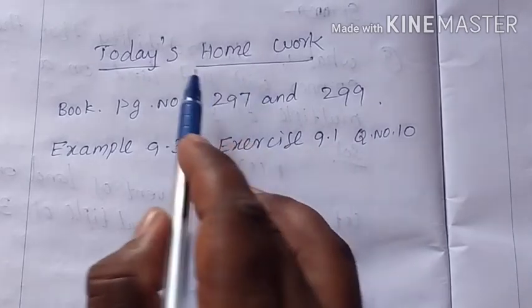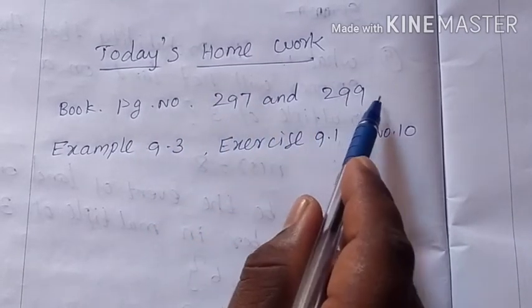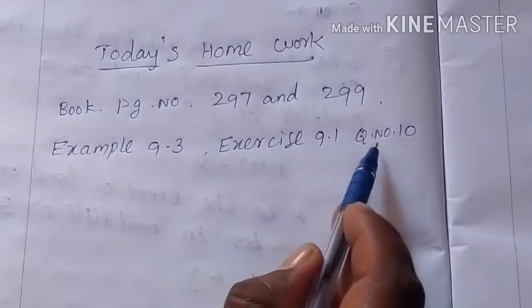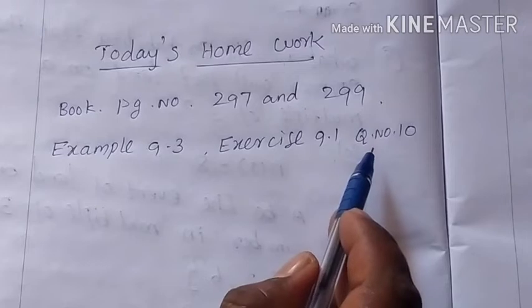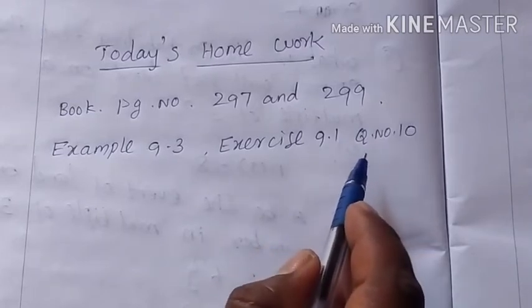Okay, dear students, today's homework: book page numbers 297 and 299, example 9.3 and exercise 9.1, question number 10. The 10th question is, frame 2 problems in calculating probability based on the spinner.